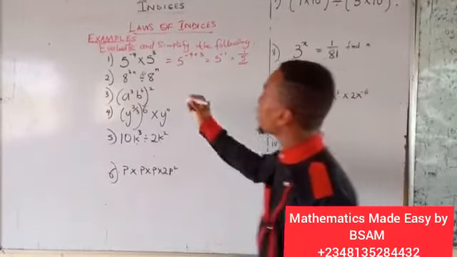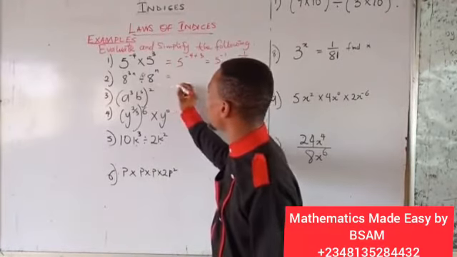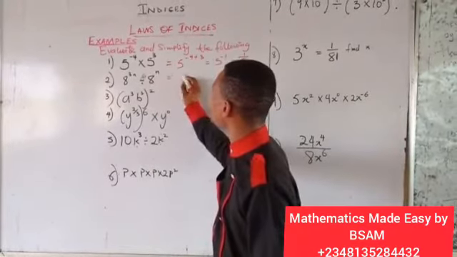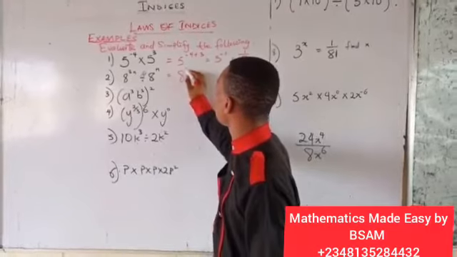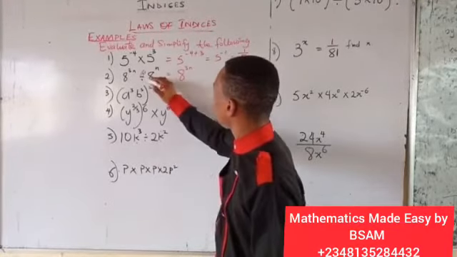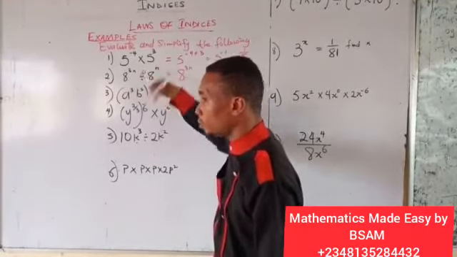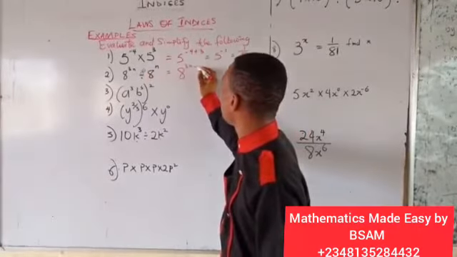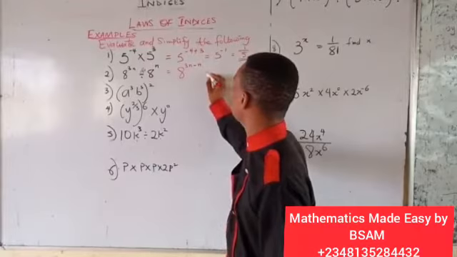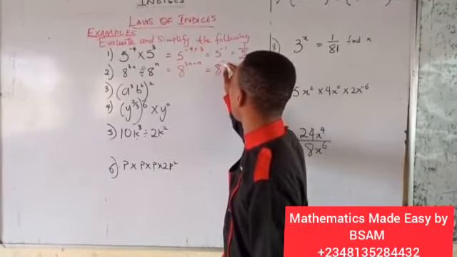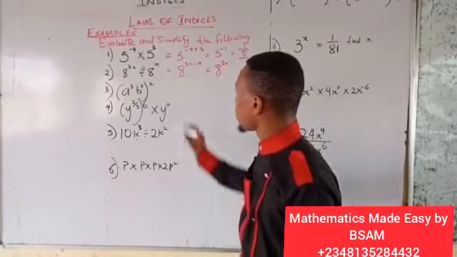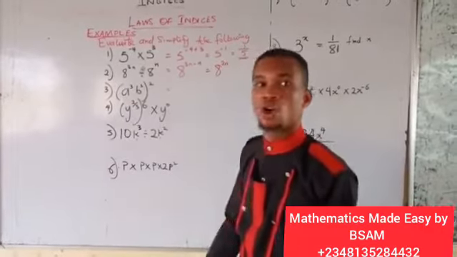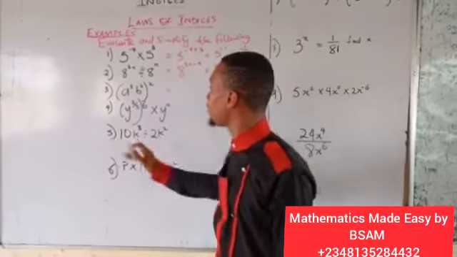Now the second one: pick one base out of it. You're going to have 8 raised to the power of 3n. From the division law, you're going to have subtraction, so you're going to have 3n minus n, which is going to give us 8 raised to the power of 2n. Now, from the product power law, just use 2 to multiply everything inside the bracket.